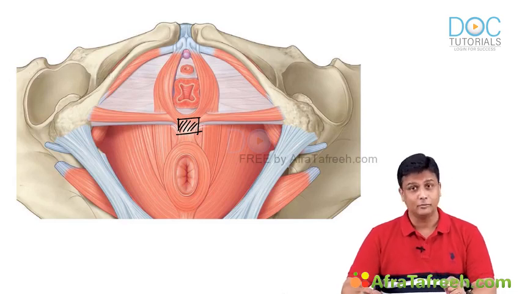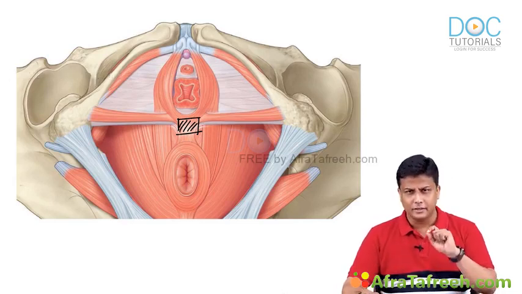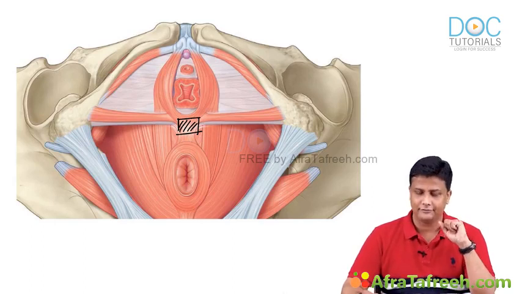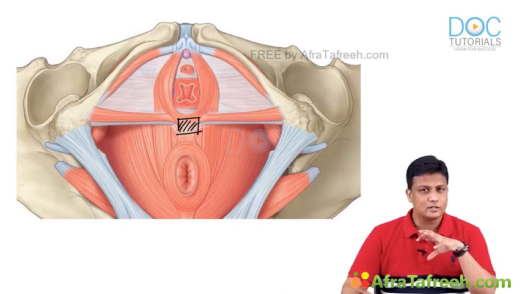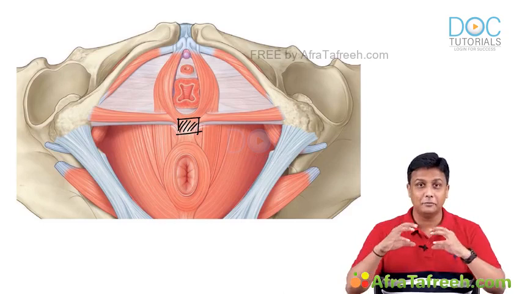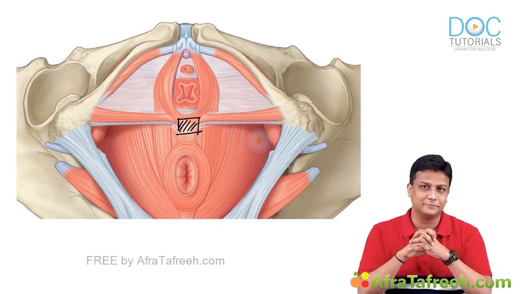So now what is a perineal body? First of all, try to understand. The perineal body is a dense, tough, fibrous body in the middle there, in between the vaginal opening and the anal canal opening. And why is this very much important? Because there are totally like 10 muscles which are coming and merging or meeting at the perineal body.